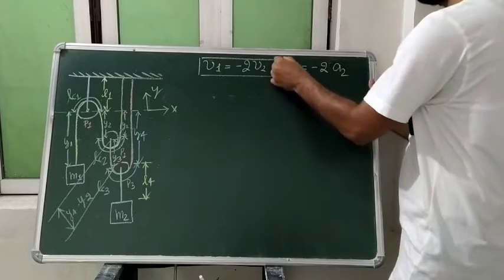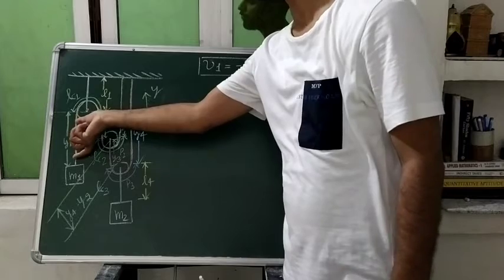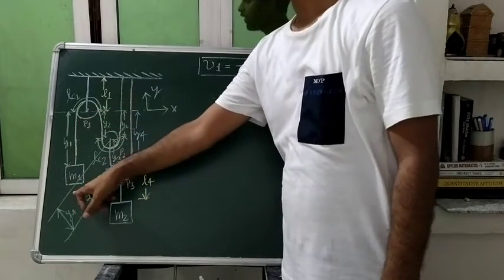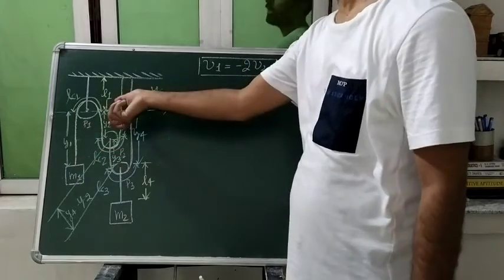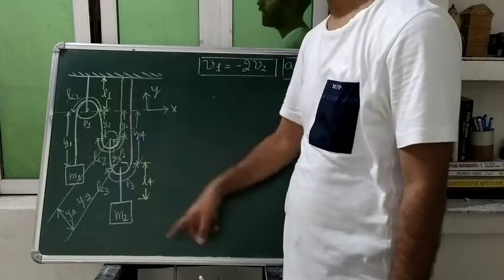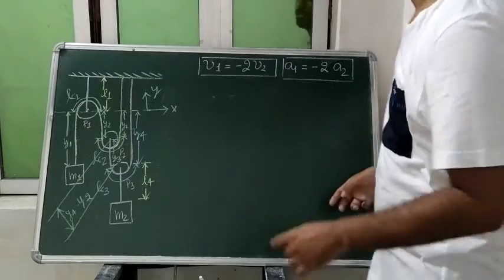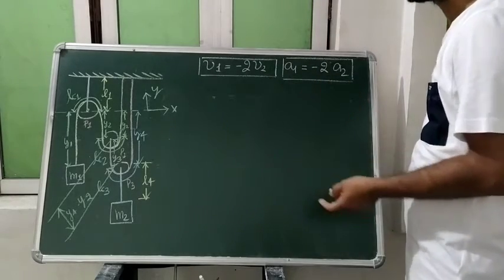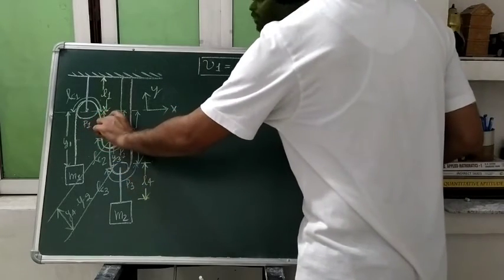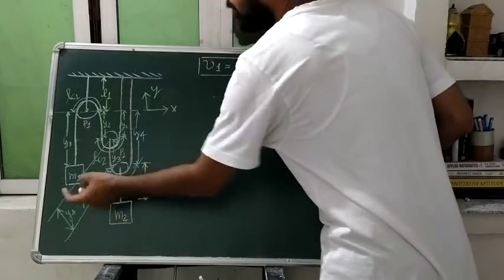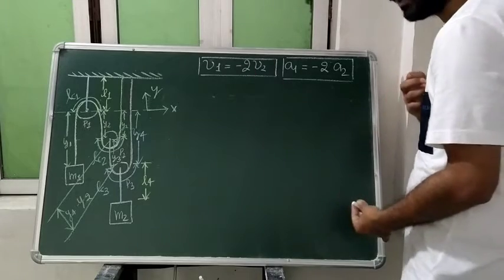Meaning a1 and a2 will be in opposite directions. Whatever the acceleration of y1, the same will be of m1, since it is attached to y1, and whatever the acceleration of y2, the same will be of this pulley, since it is attached to y2. So the twice of the acceleration of y2 or this pulley p2 will be the acceleration of this block, and they will be in opposite directions, and the same holds for velocity.